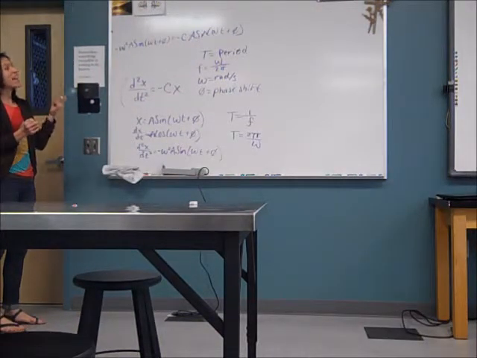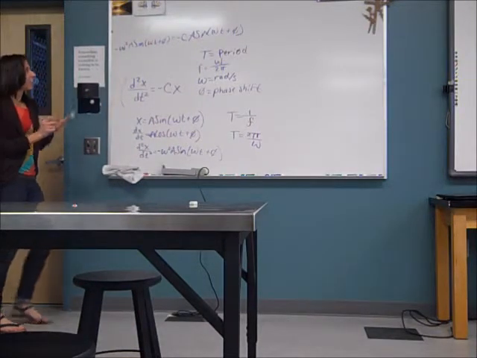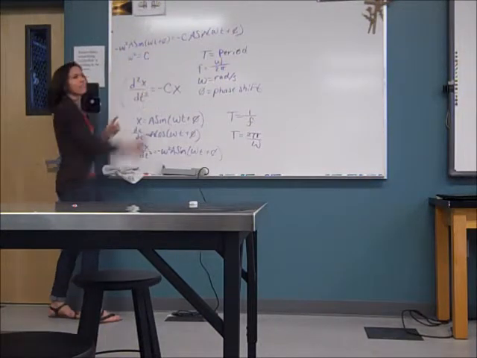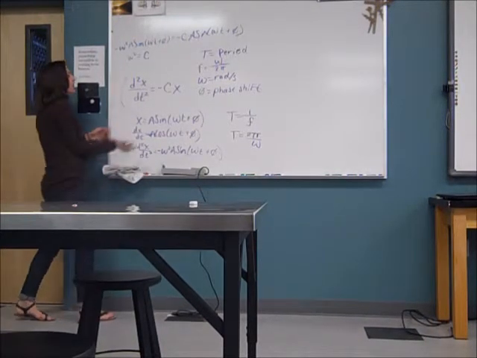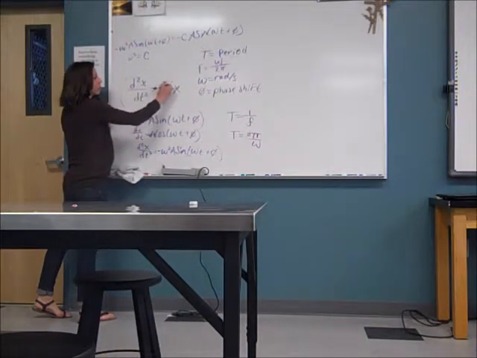If I cancel out the a sine omega t plus b and the negative sign, I get omega squared on this side, and on this side c. So generically, whatever is in front of the position function is omega squared.